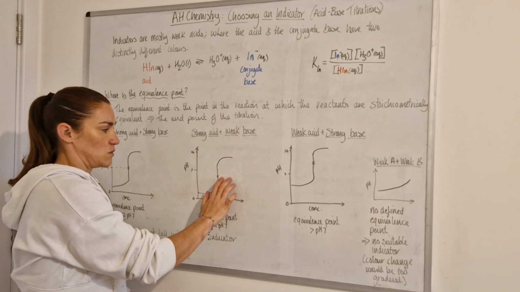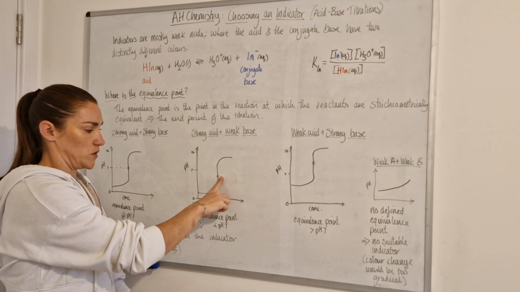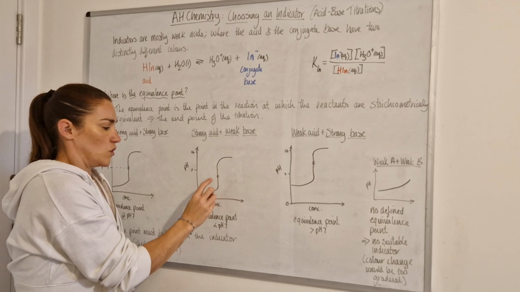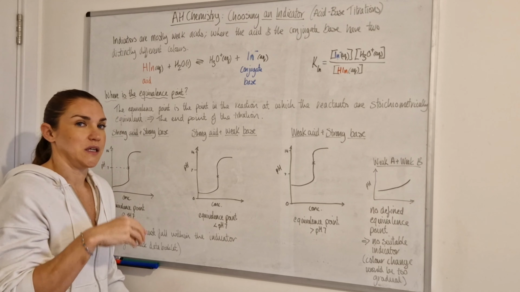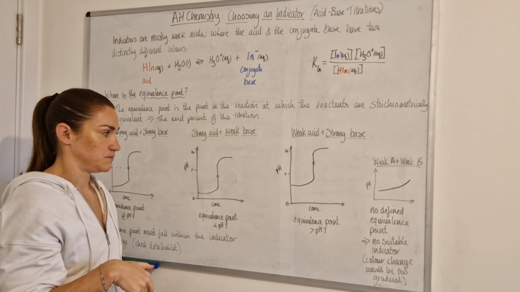That means then the pH will be below 7 where the equivalence point is occurring. So in that instance you want to pick an indicator which has a pH range of below 7.